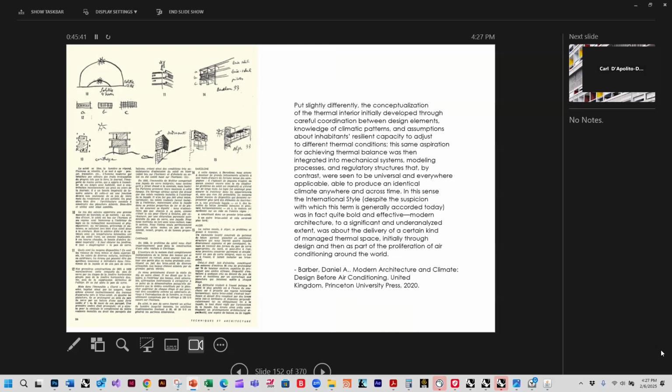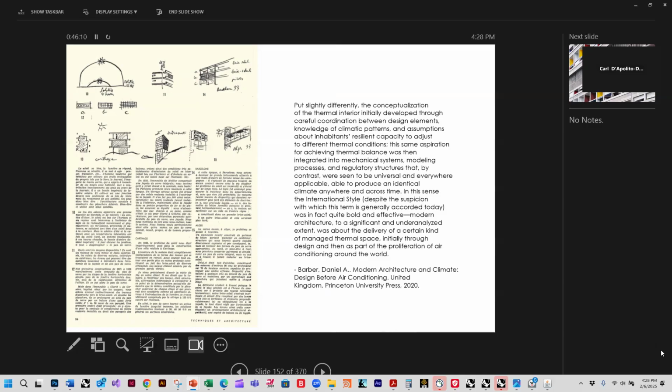Originally it was framed that way, and then that got taken over by air conditioning. So he says: "Put slightly differently, the conceptualization of the thermal interior initially developed through a careful coordination between design elements, knowledge of climatic patterns, and assumptions about inhabitants' resiliency. This aspiration for achieving thermal balance was then integrated into mechanical systems and regulatory structures that, by contrast, would seem to be universal and everywhere applicable, able to produce an identical climate anywhere and across time.